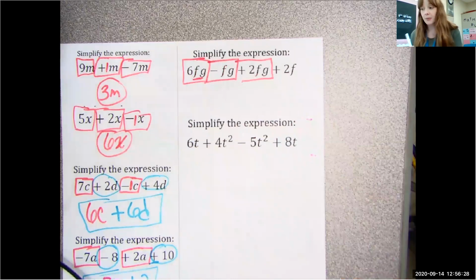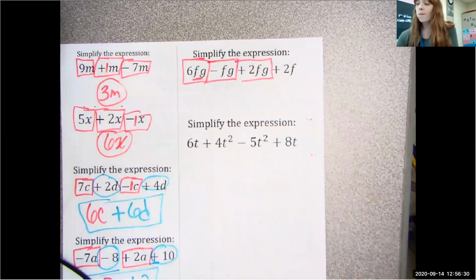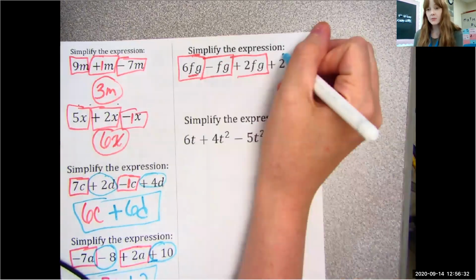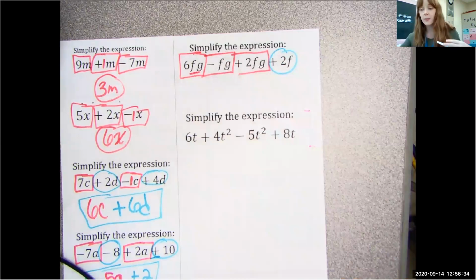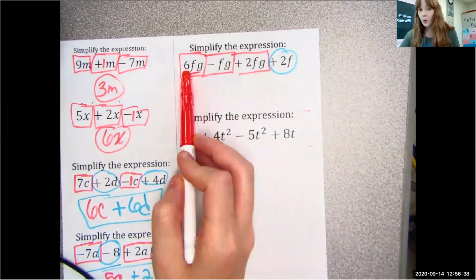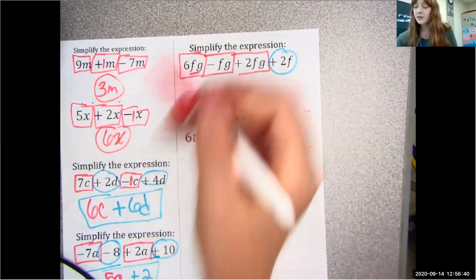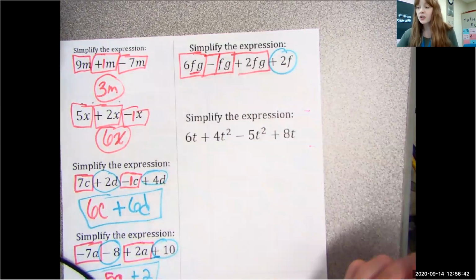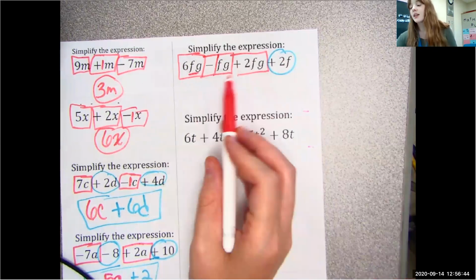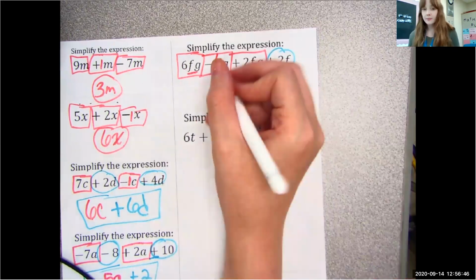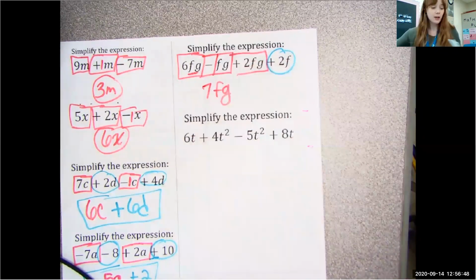That is a separate term. Now we do our addition and subtraction. I'm following what the problem tells me. Plus 6 minus 1FG is 5FG, plus 2FG is 7FG. And then I bring down that plus 2F.